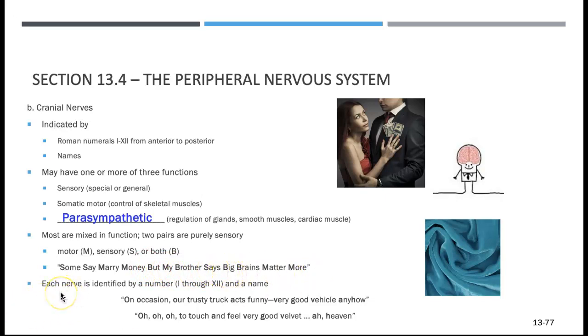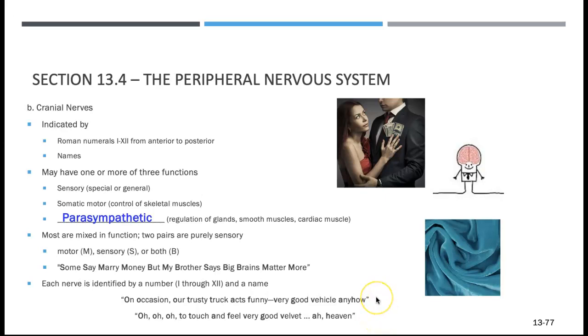But each nerve is going to be identified by a Roman numeral number, as we said, and they have a name. So the way to remember the names, we've got 2 sayings here, although there's a slew of them online. If you Google mnemonics for cranial nerves, you'll have a bunch pop up. I think Wikipedia or some page like that has 55 different ones you could choose from, but these are the ones that I learned in college.